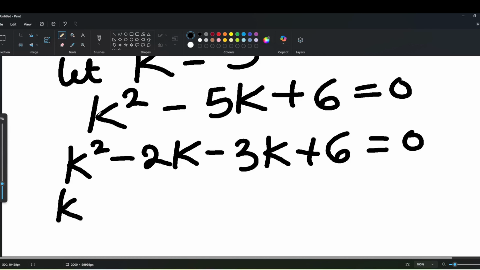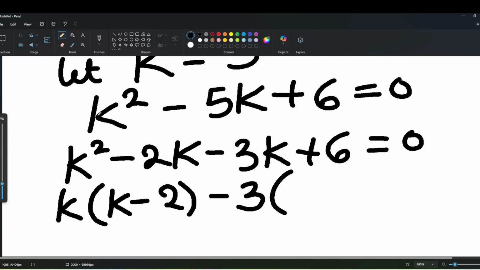So k comes out of this expression. We have k minus 2 here, minus 3 is here, it's common here, and this becomes k minus 2. You know that in a quadratic expression these two brackets must be the same, otherwise something is wrong.